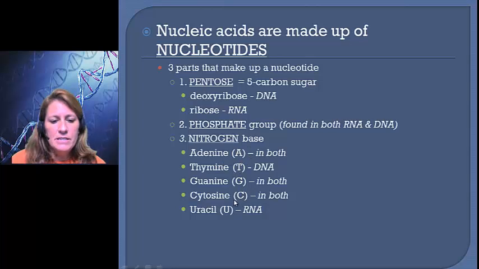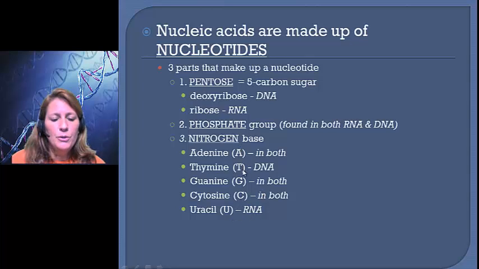And these bases are like the code for all the genetics and making a protein and everything. It's a sequence. So we have adenine, which is a capital A, that's found in both RNA and DNA. Thymine is only in DNA, guanine and cytosine are in both, and uracil is only in RNA.